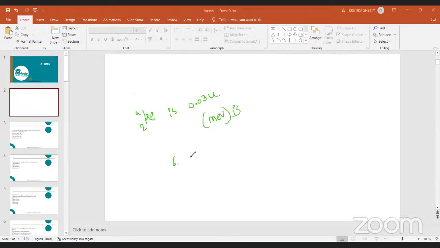Options: A 6.98, B 27.93, C 2.79, D 69.82. So I'll repeat the question. The mass defect of helium-4 is 0.03 U. The binding energy per nucleon?